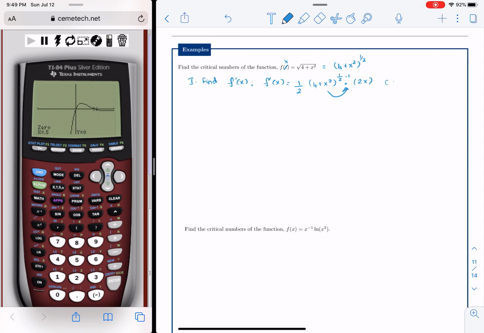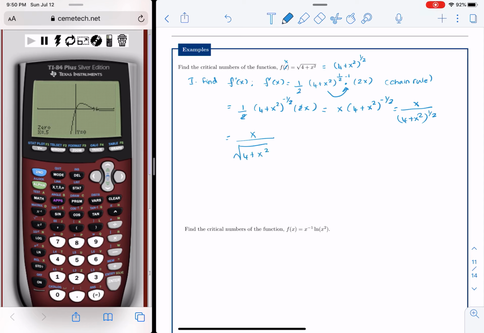I am using the chain rule here. And that would equal 1/2, 4 plus x squared raised to negative 1/2, multiplied by 2x. The 2's would go away. We have x multiplied by 4 plus x squared raised to negative 1/2, which is x over 4 plus x squared raised to 1/2, and that would be x over the square root of 4 plus x squared.